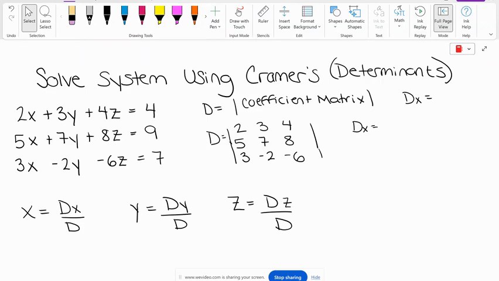So for D sub x, we're replacing the x column with the value column, the equal column.